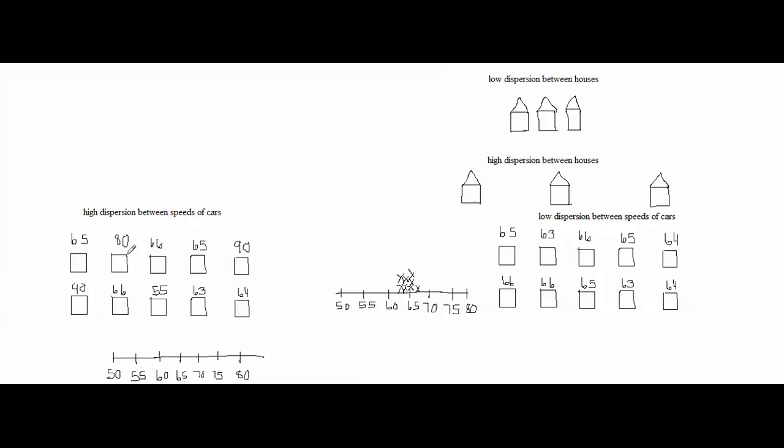Now we have one car going 65 miles per hour. That car will be right here. We have one car going 80. We have one car going 90, so we have to extend the number line out even further.